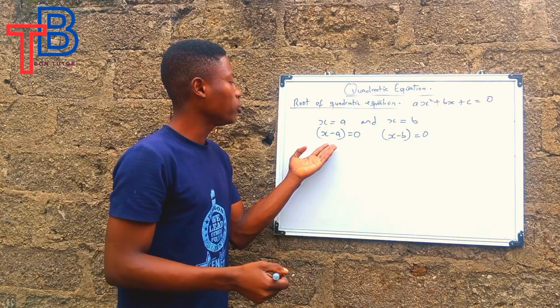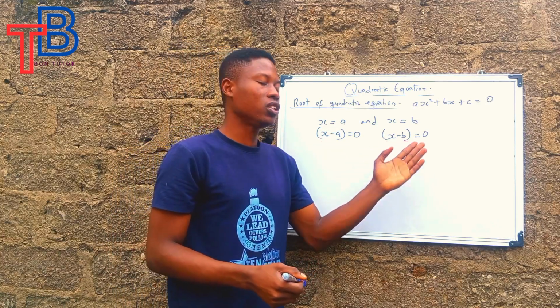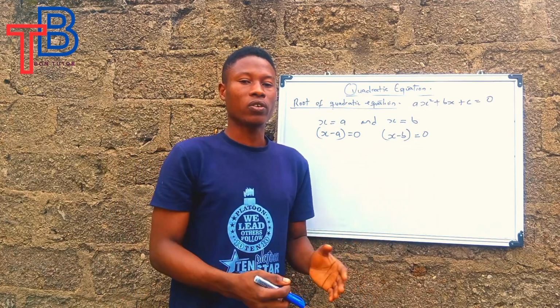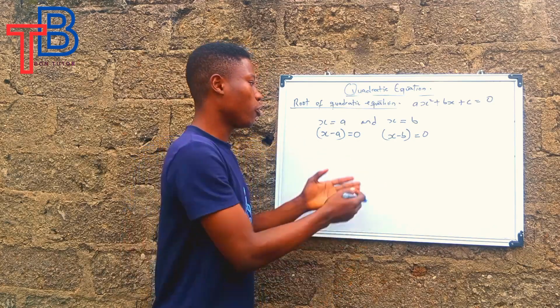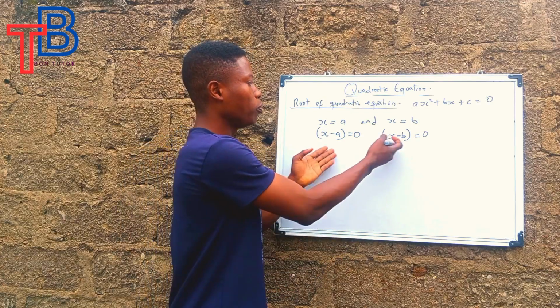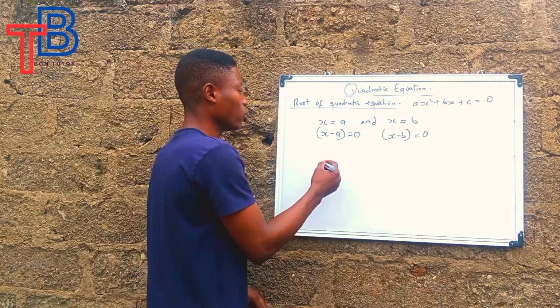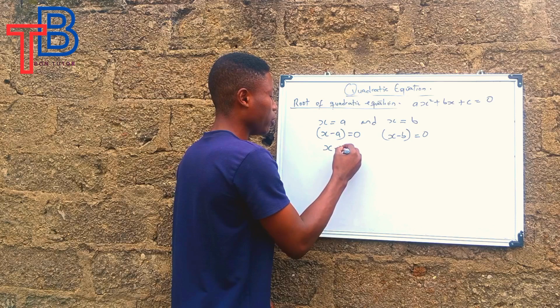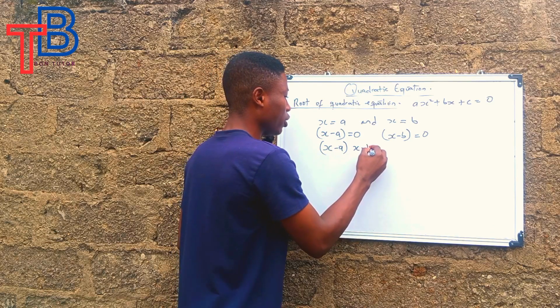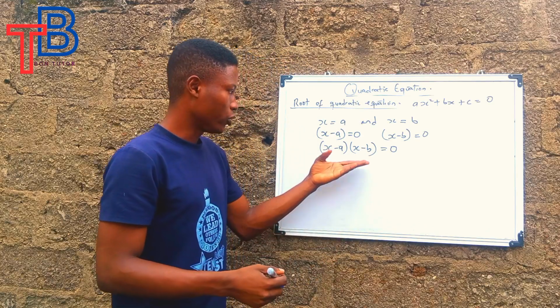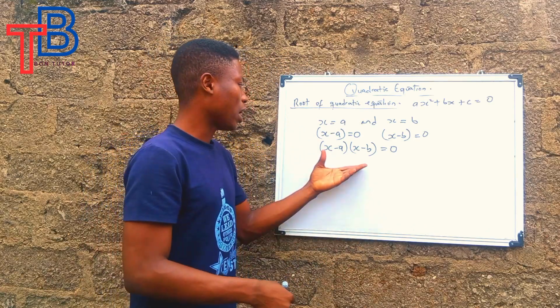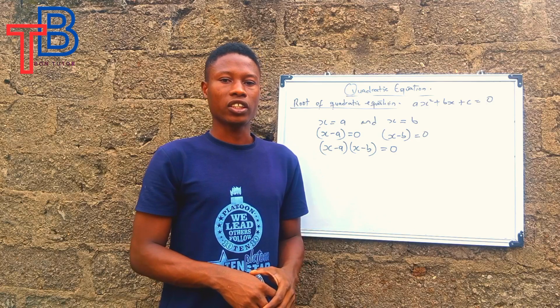With this, we will be able to get positive a and positive b, assuming we are to factorize a quadratic equation. Which means during factorization, before we split this up, we can put them beside each other. Since they are equals to 0, we can say x minus a into bracket x minus b is equals to 0. You see, we are back to how we are before we solve the quadratic equation.